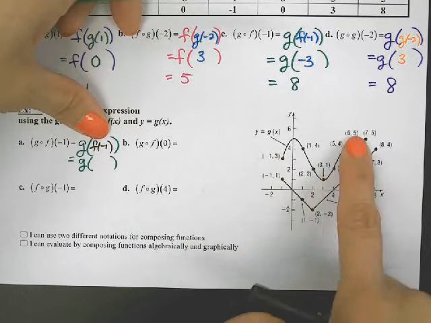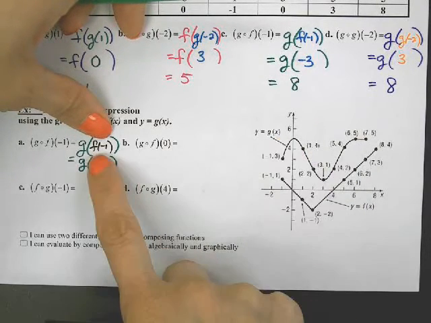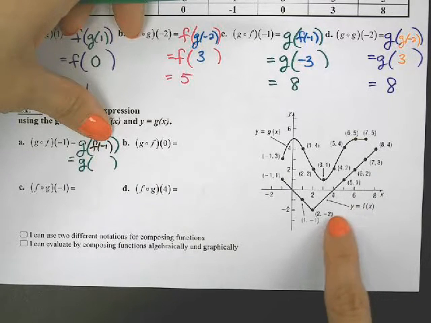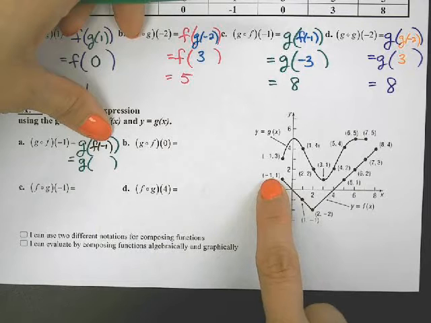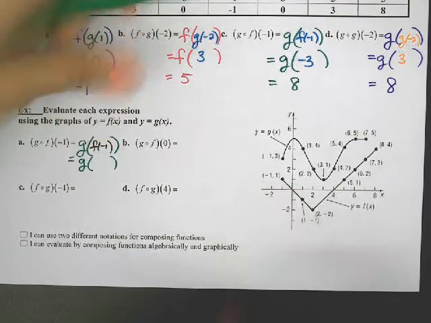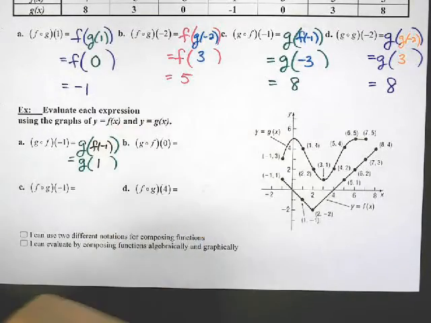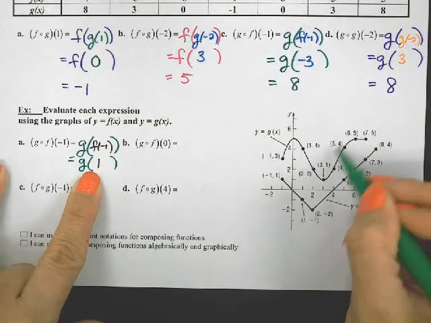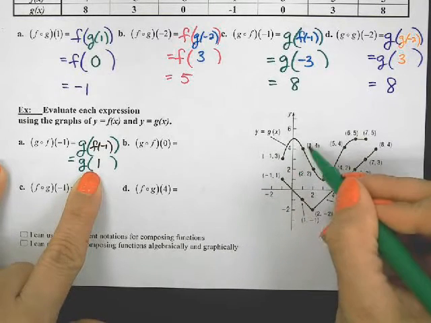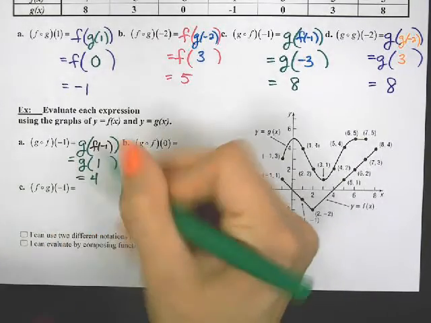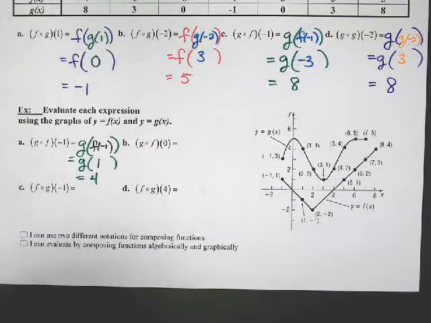And this curvy one up here is the g function. So if I put negative 1 into f, I'm looking for the point at negative 1. And what's the output? What's the y? A 1. That's a 1, but we're not done. Now take 1 and look at the g function. The g function is the curvy one. Find the point 1 and tell me the output. The answer is 4.